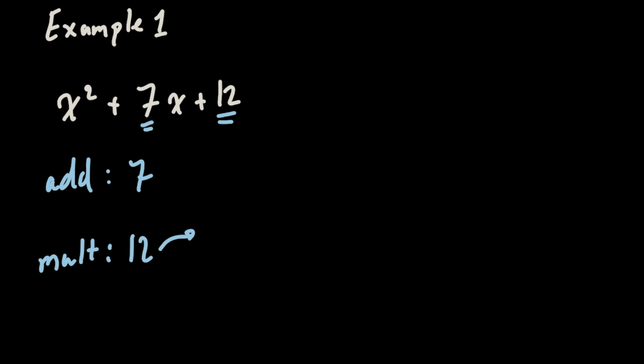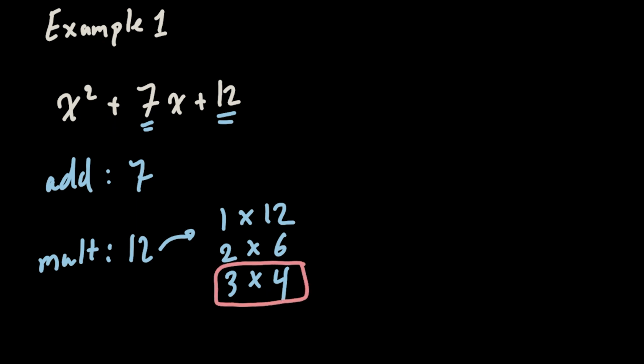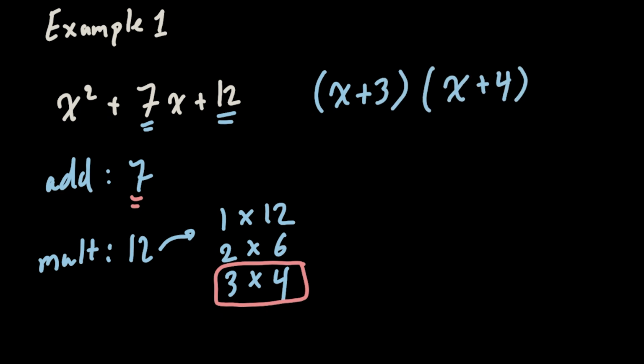The possibilities are 1 multiplied by 12, 2 multiplied by 6, and 3 multiplied by 4. If you notice, for these two numbers, the multiplication is 12, and when we add them, we get 7. So these are the numbers we are looking for. So the factoring will be (x + 3) multiplied by (x + 4).